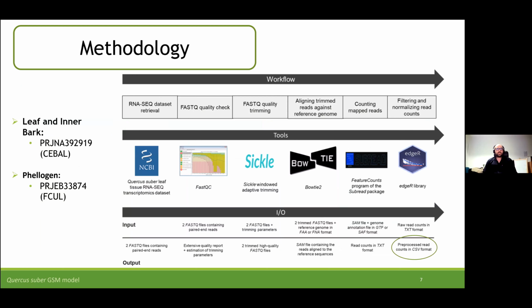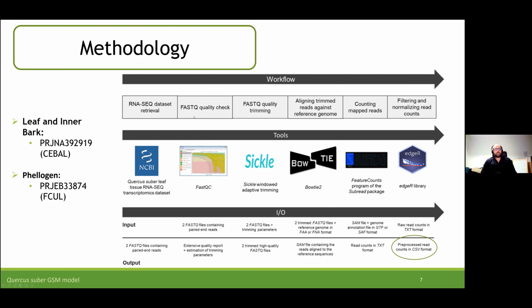Regarding the transcriptomics data that we used for creating the multi-tissue models, we also retrieved it from NCBI. For the leaf and inner bark, we retrieved the data set that was deposited by Sabal, and for the phellogen, we retrieved a data set that was deposited by FCool.